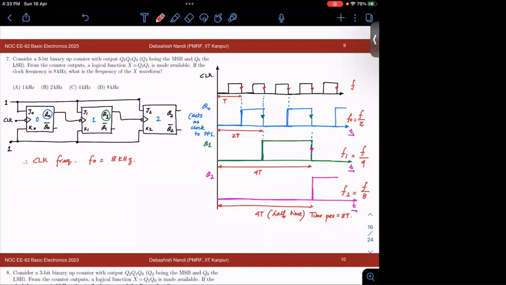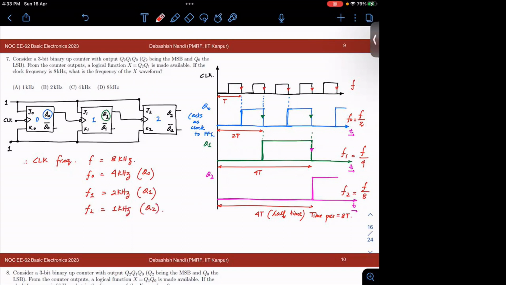Okay, so if your F is 8 kilohertz, your F0 will be 4 kilohertz, that is of Q0. F1 would be 2 kilohertz, that is of Q1, and F2 would be 1 kilohertz, fine? That would be of Q2.